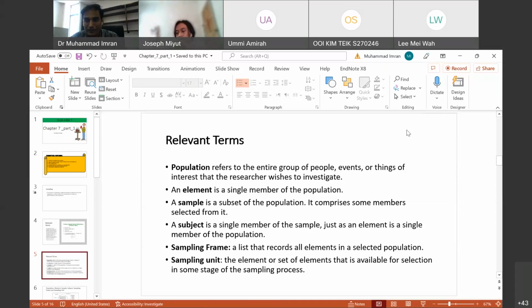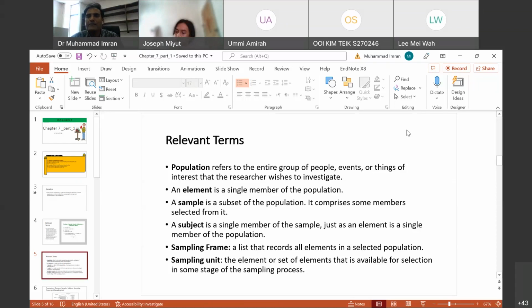Even from the vice chancellors to the administration staff, the lower staff, even the clerks and faculty, all are included. So this will be your population, all employees of UPSI.